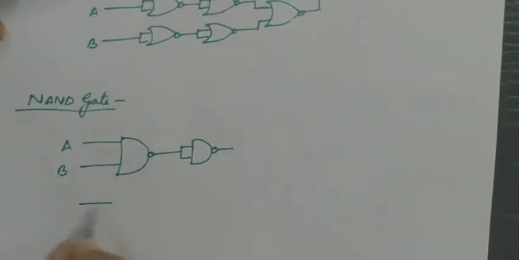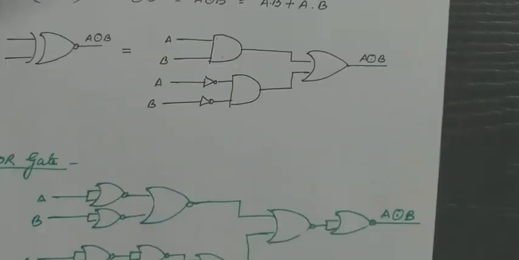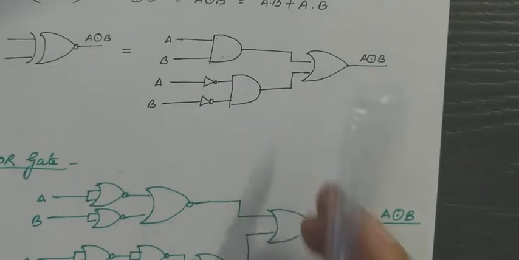So for first input line A, its NOT will be this. Similarly second input line B, and its NOT will be this. And these two are connected to an AND gate. Now these two AND gates are connected to an OR.